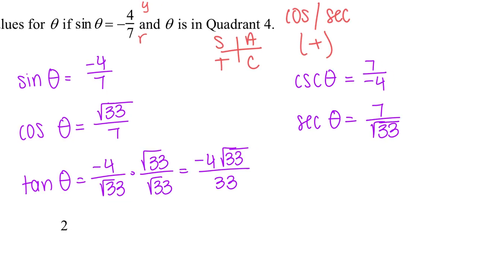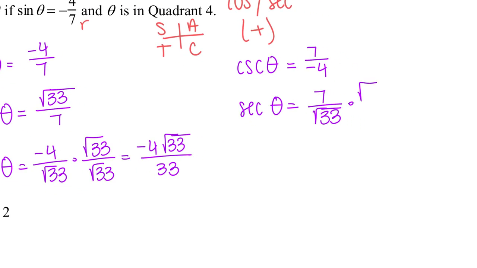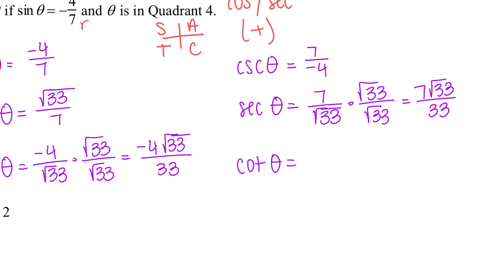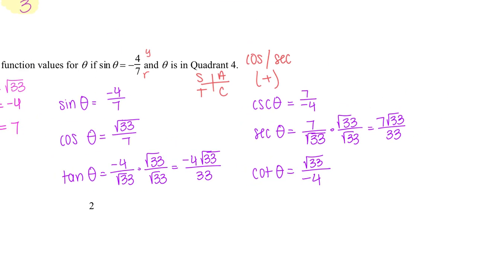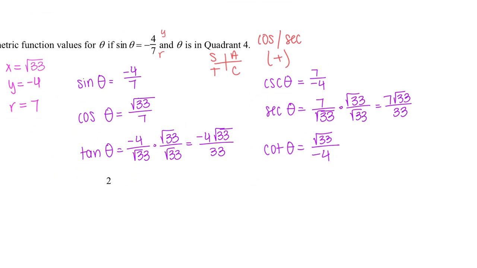Can't have the square root of 33 in my denominator, so I'm going to rationalize it, and that's going to give me 7 times the square root of 33 over 33. And then cotan theta, which is x over y, and that's fine. So those are my 6 trig functions.